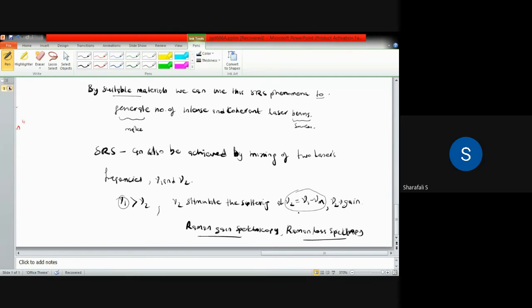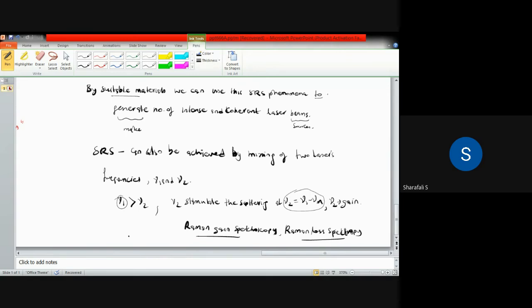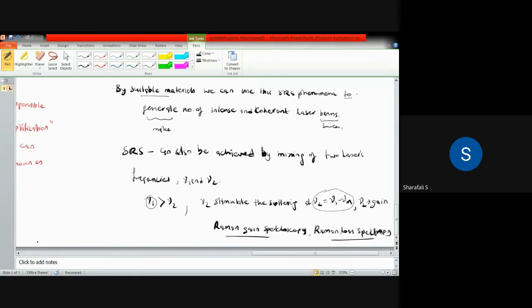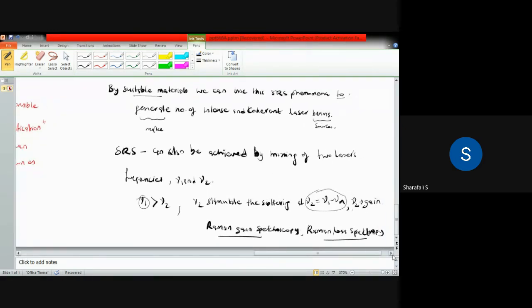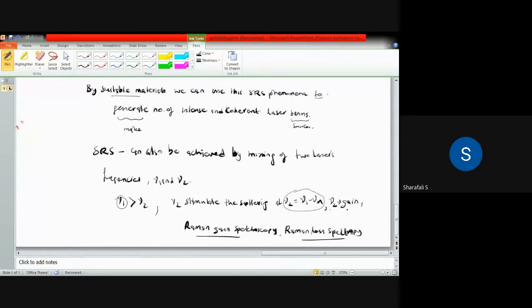So basically, it depends on what you are having. I will show how it is happening. If you are having mu1 and mu2 as your frequencies, and in this case also mu along with the mu2, what will happen to mu1? Mu1 will be annihilated, meaning that its intensity will get reduced.